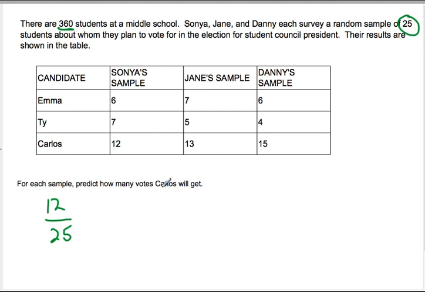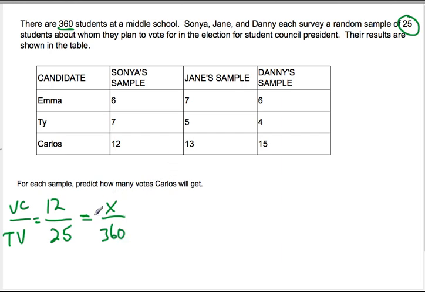And so we could say 12 out of 25 should equal how many votes he'll get divided by the total population. So we could say votes for Carlos over total votes is going to equal 12 over 25, which we predict will equal that same percentage or same proportion based on 360.